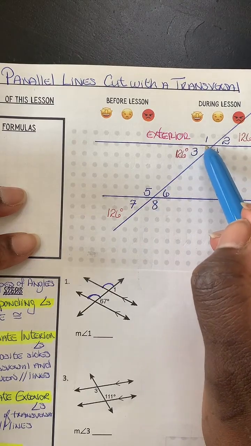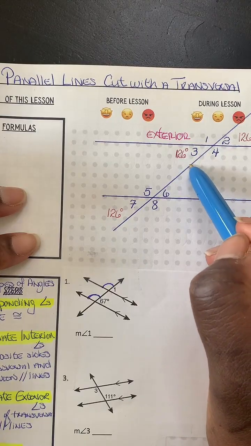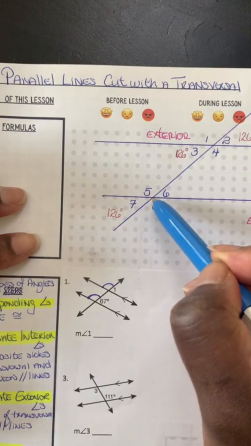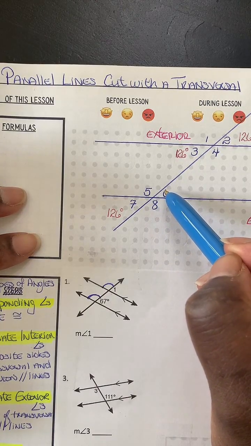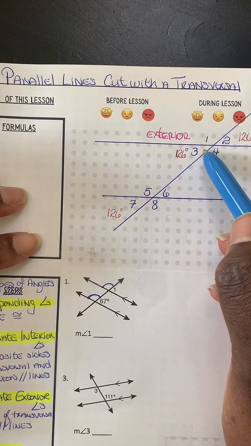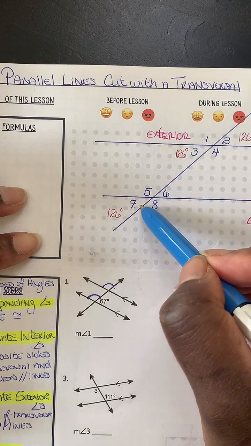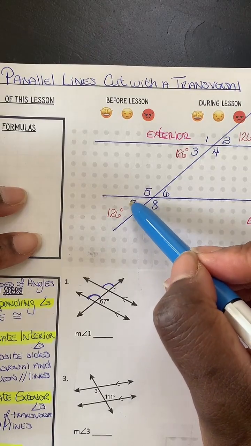Okay, good. We got 7. Yes, I would stop here at 7. So because I slid down my transversal, good, Ruth. Yes, Arlene, good job. It's going to stop here at 7.